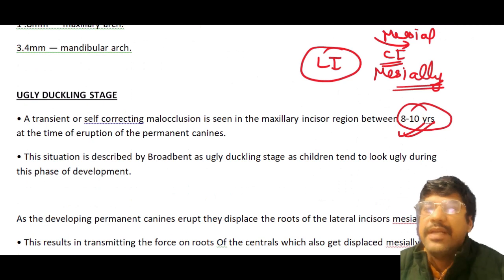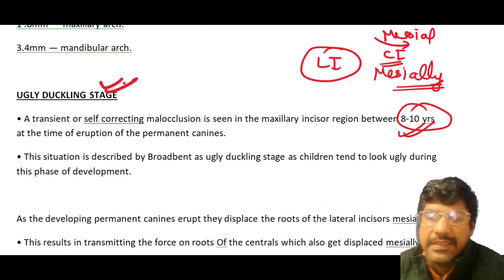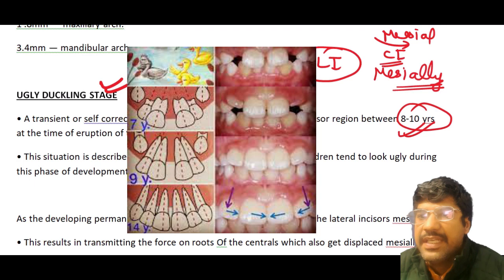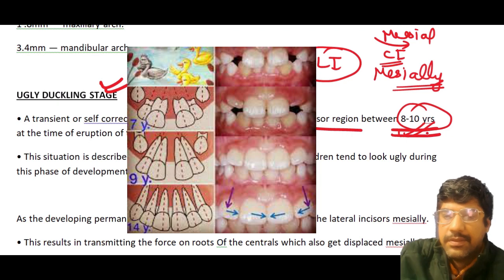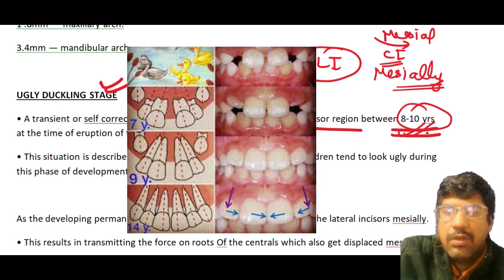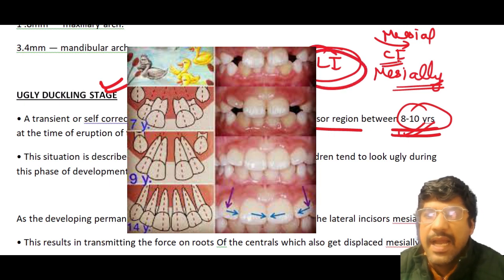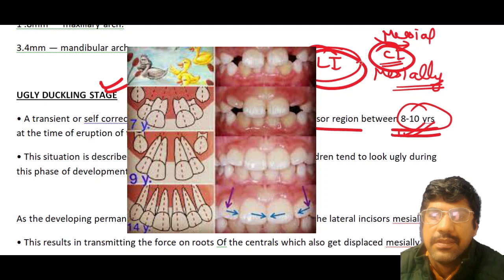Next important point is the ugly duckling stage. So during the eruption of the permanent canine, a transient or self-correcting malocclusion may be seen in the maxillary anterior region around 8 to 10 years. As the developing canine erupts, it will displace the roots of lateral incisors and central incisors mesially.